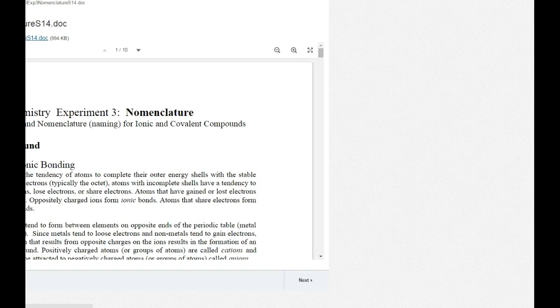And I think we got to page, because we named all the ions on pages 2 and 3. We went through page 5. So for homework, you were working on writing the formula on one side of this chart.